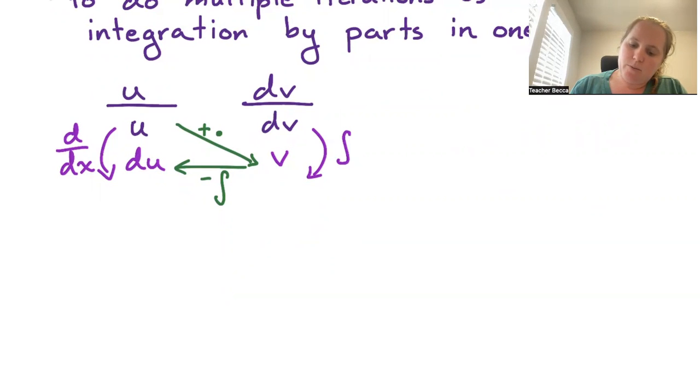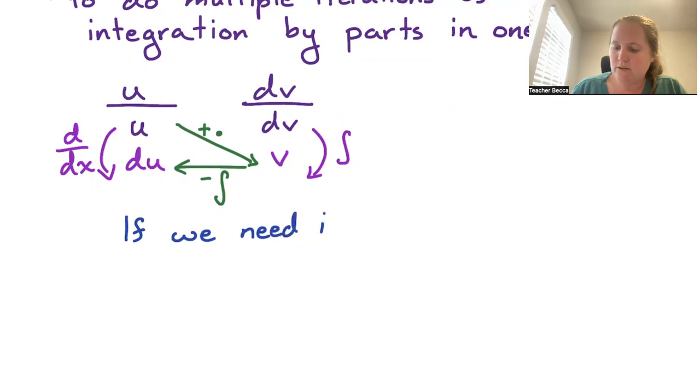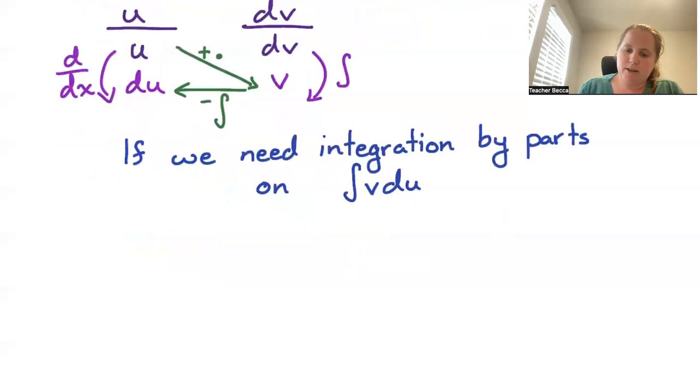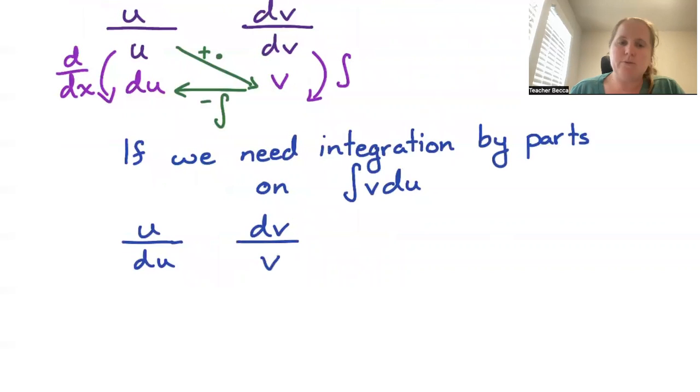So if we need integration by parts again on the integral of v du, then we could set it up again where u this time is essentially the du we wound up with before, ignoring the dx. And our dv is the v we found before.